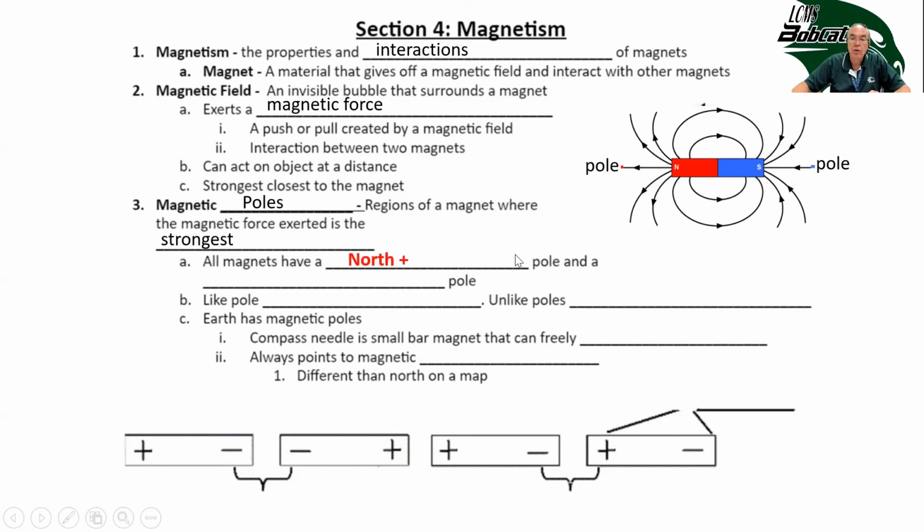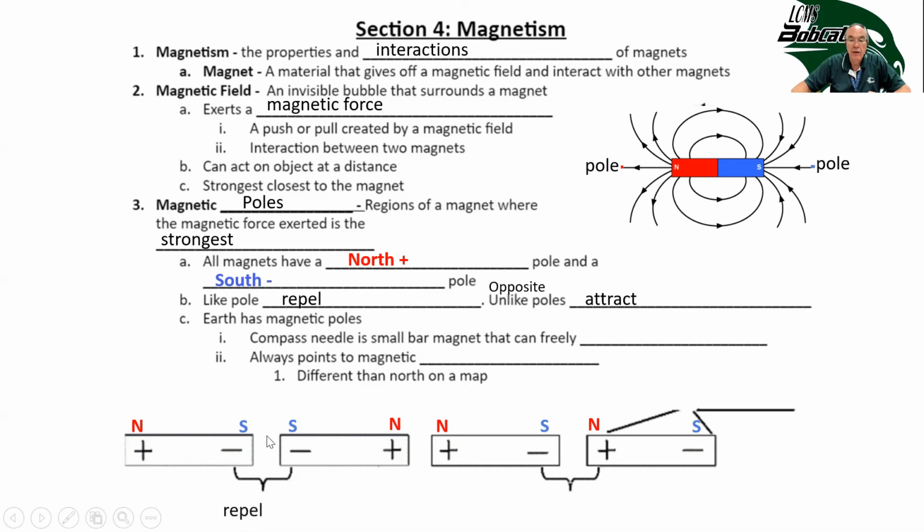All magnets have a north pole, which is positive, and a south pole, which is negative. So again, here it shows the charges are flowing from the positive to the negative. Okay, so we have these magnets down here, and it shows that when we have the north, which is positive, and the south, which is negative, the like poles repel, and unlike or opposite poles attract.